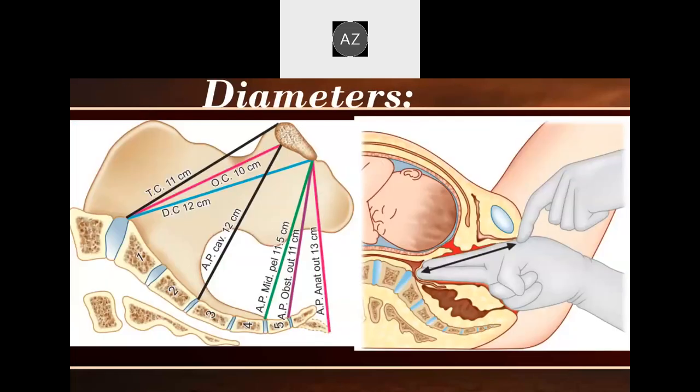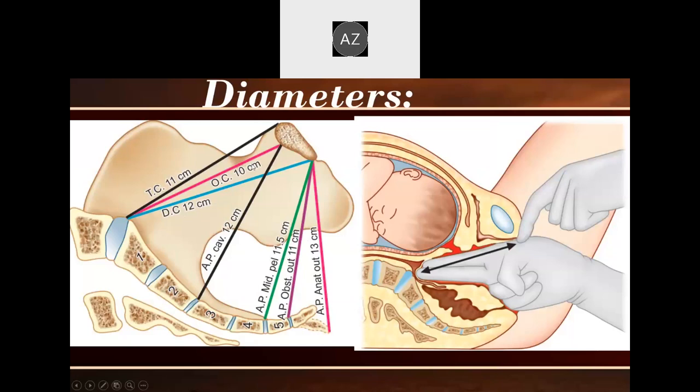And then finally, let us speak about the diameters. Now, when you do a vaginal examination, as you can see here, it's a sterile procedure done in obstetrics using the index finger and the middle finger. Usually, you realize that you can feel the sacral promontory.